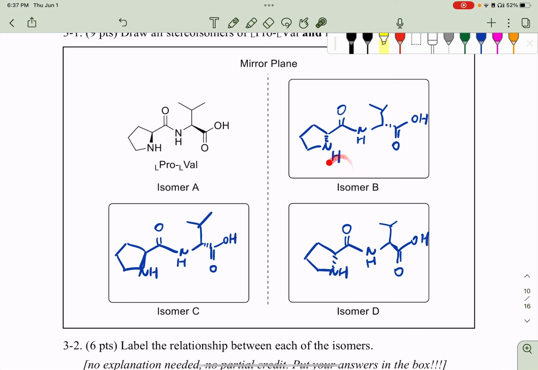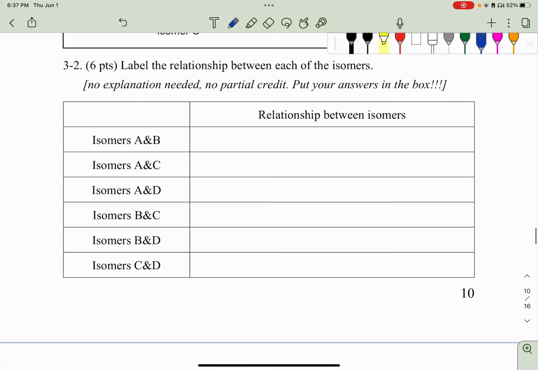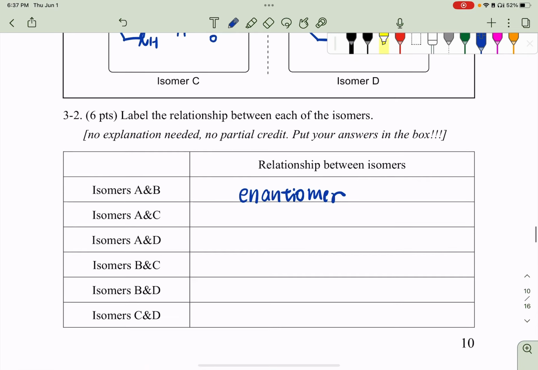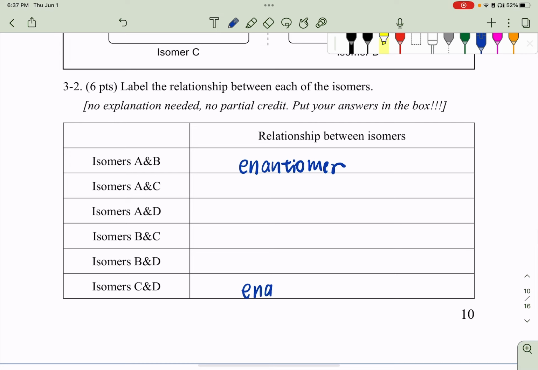Now between A and B, these are enantiomers. C and D are enantiomers. Everything else are diastereomers. So let's put it in. A and B enantiomers, C, D, AC.